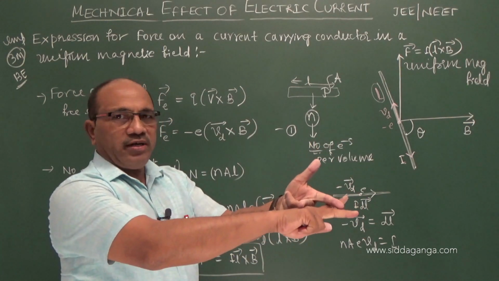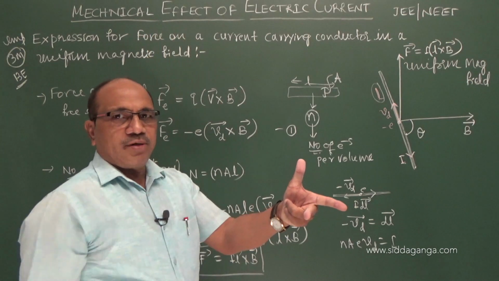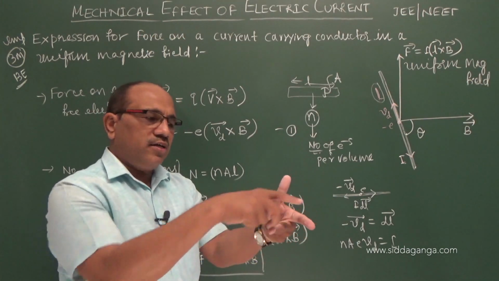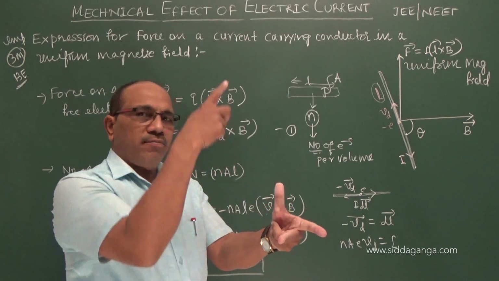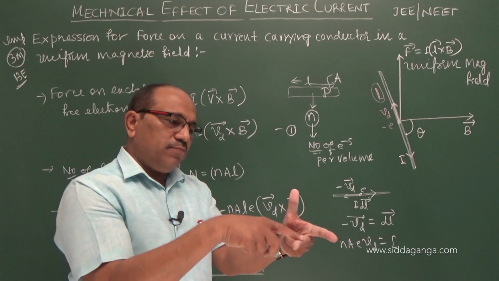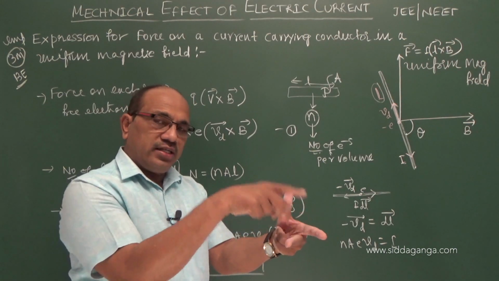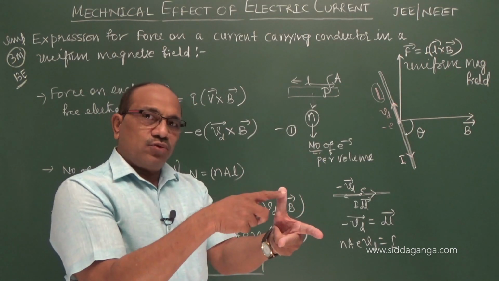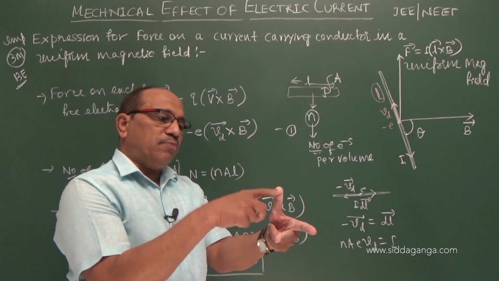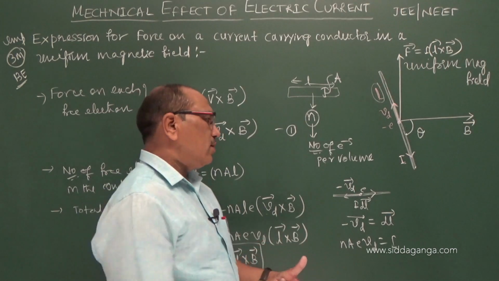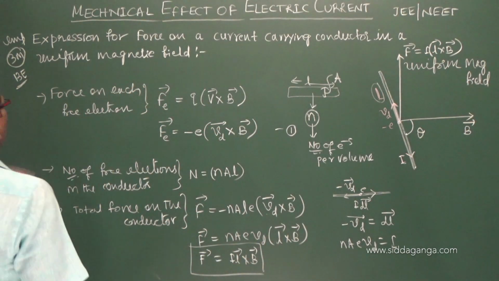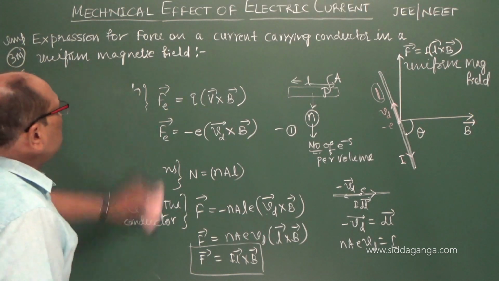The current element and magnetic field are in one plane, but the thumb, representing the force, is in the perpendicular plane. Otherwise, I can say whatever the angle between the current element and the magnetic field, the force is always perpendicular to both the current element and the magnetic field. That we come to know from this. Here, let us come to the next part.